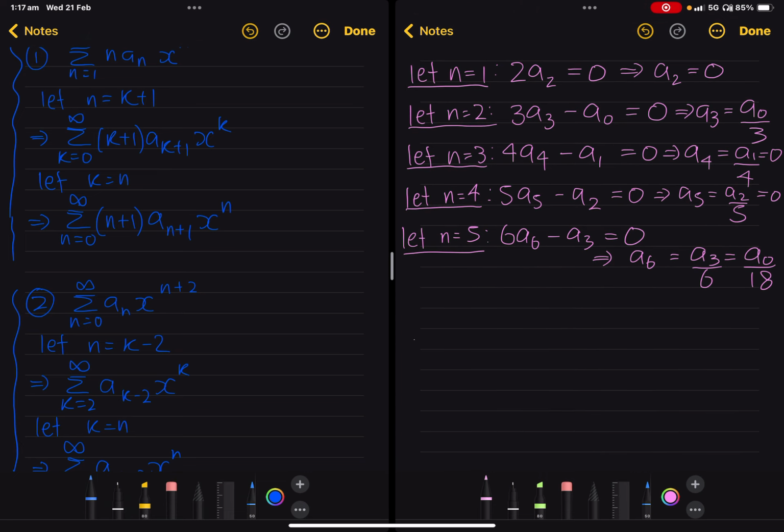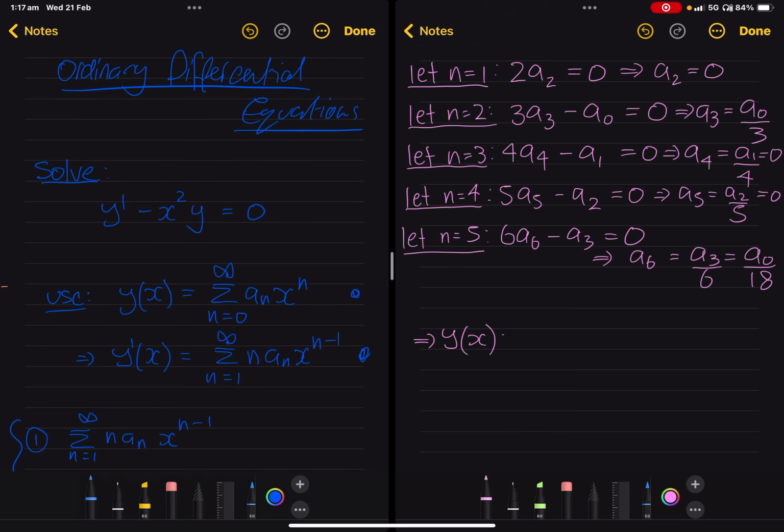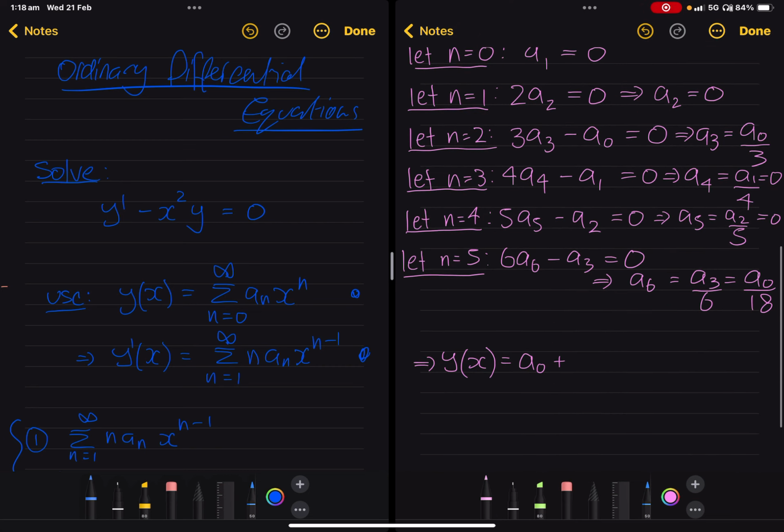So this implies that our solution, which is of the form y of x, ends up being equal to a0 plus a1 times x, but a1 is 0, so there's no a1, plus a2 times x squared, well a2 is 0, plus a3, which we know is a0 on 3, so this becomes a0 on 3 times x cubed, plus a4, that's 0, a5, that's 0, a6 is a0 on 18, a0 on 18 times x to the 6, and so on.